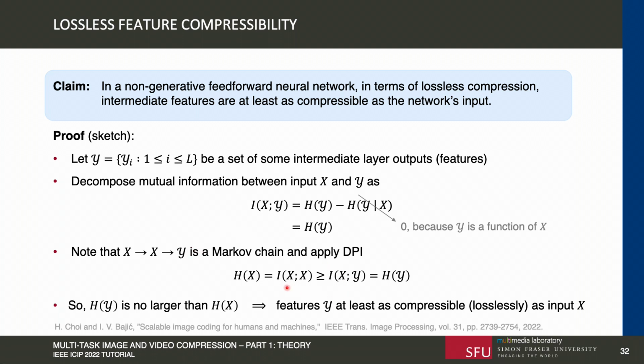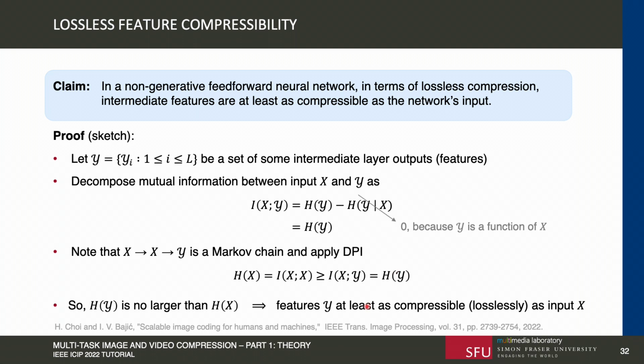The data processing inequality says that the mutual information between X and X is no smaller than the mutual information between X and Y. On the one hand, the mutual information between X and itself is just the entropy of X, whereas the mutual information between X and Y, as we saw above, is the entropy of Y.